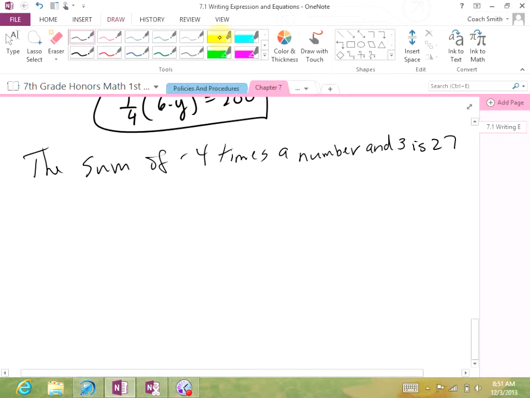I got going too fast and started writing in cursive. So once again, our key terms: the sum, times, is.